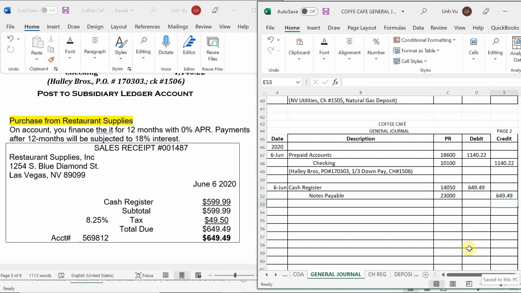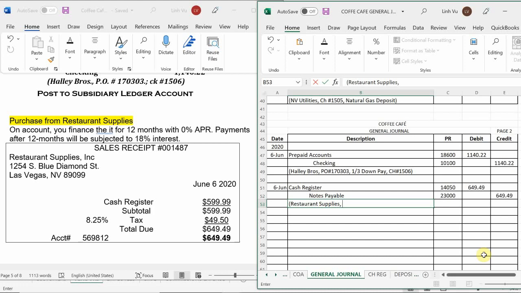Okay. So in this case, what details am I going to be listing here under my description? Who did I deal with? Restaurant Supplies Incorporated. Yep, restaurant supplies. Okay. What else? What other information do I need to put in here?